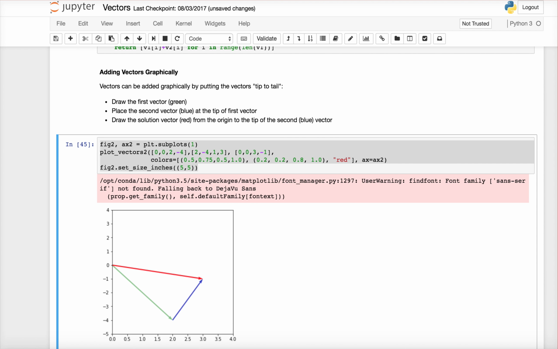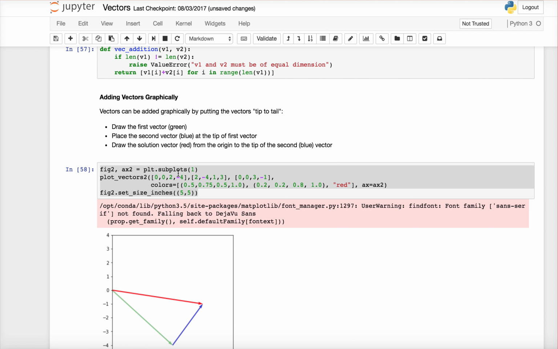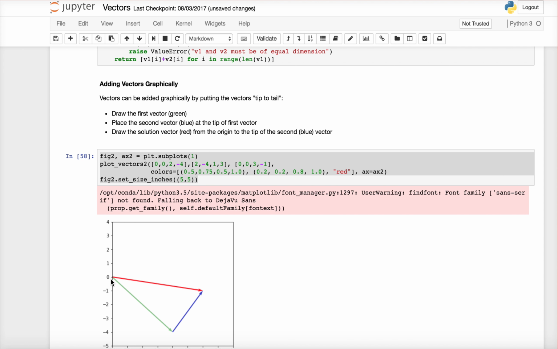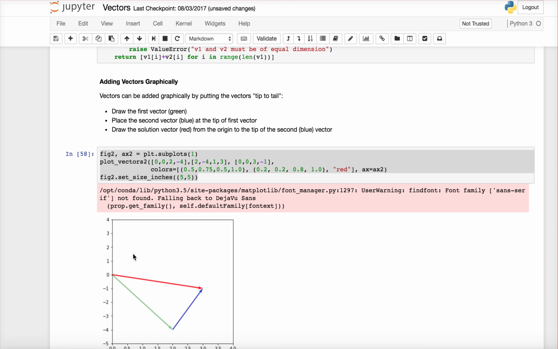And let's draw this and see what this looks like. So I'm drawing my first vector in green.